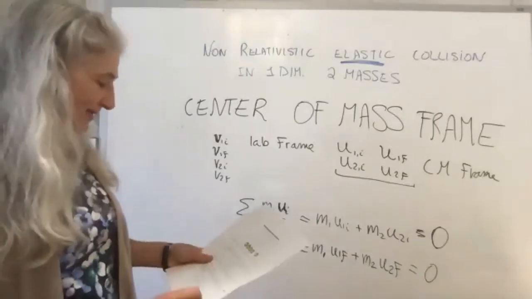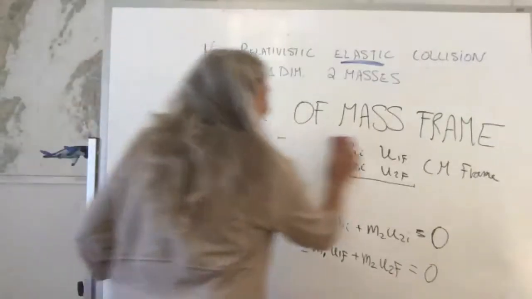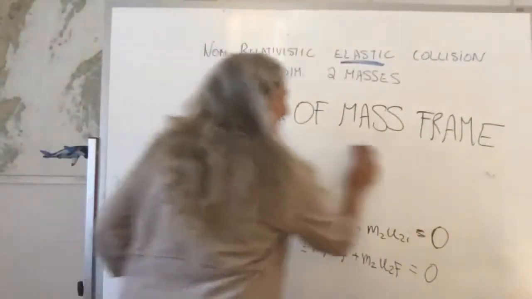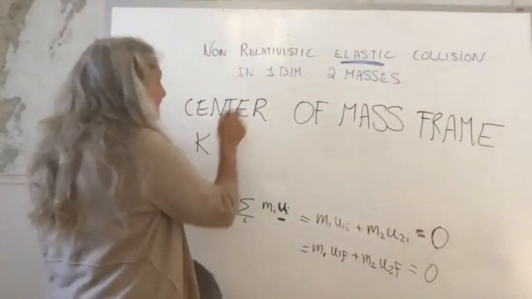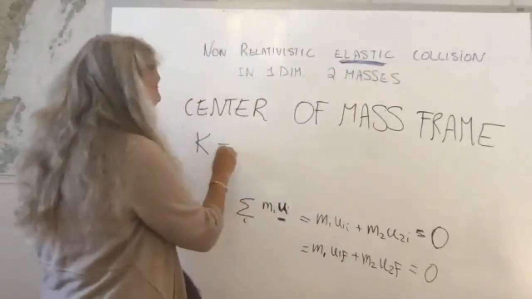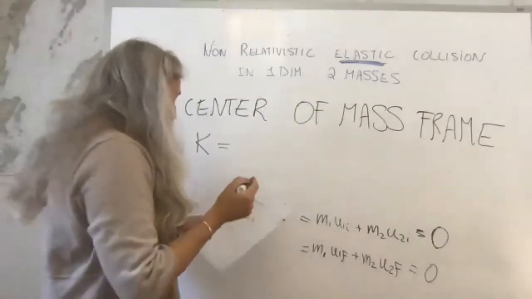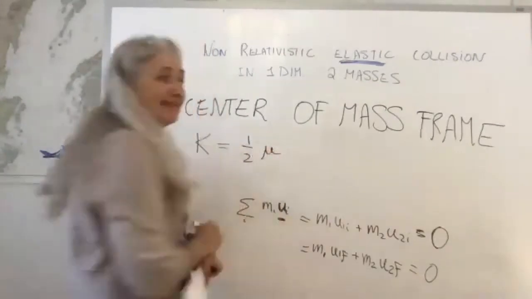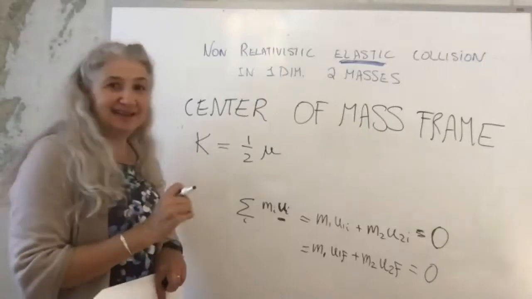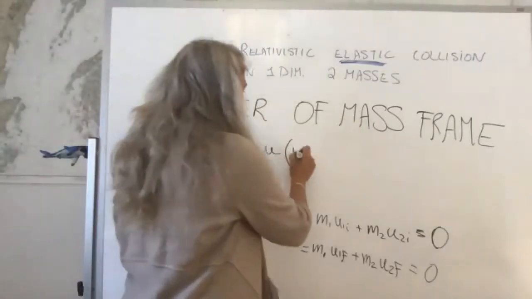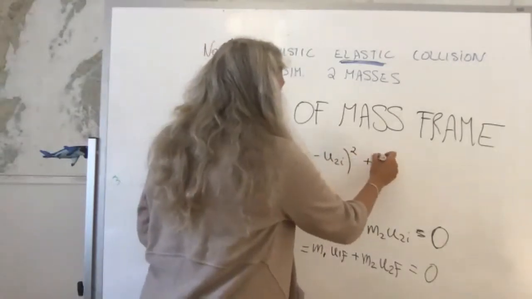Okay, good. So that was conservation of momentum. Now let's look at kinetic energy. I'm just going to leave this up. Because it's an elastic collision, kinetic energy before and after the collision is the same. And because it's a two-body problem, we can write kinetic energy as a relative velocity term, (U1i minus U2i) squared, plus a translational term.